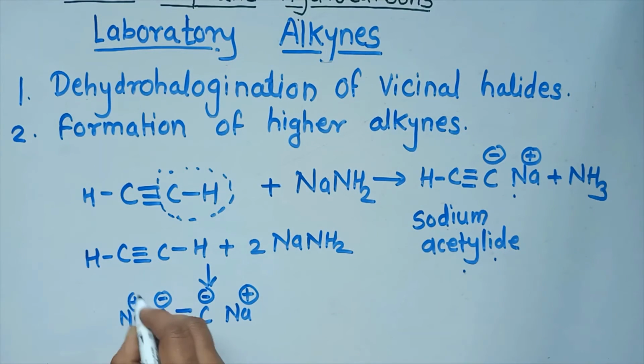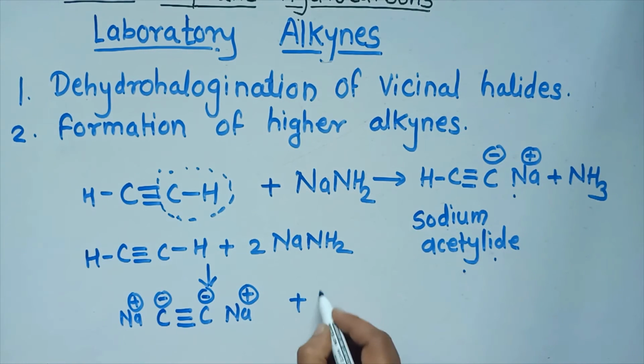So 2 moles of ammonia are formed as the byproduct. This is called disodium acetylide. 2 sodiums are there, so disodium acetylide is formed.